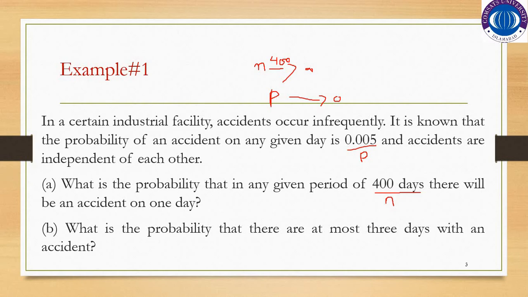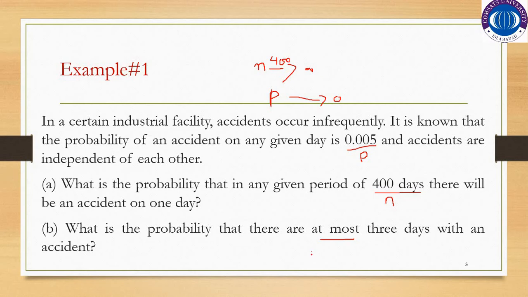Part number B. What is the probability that there are at most 3 days with an accident? We have already learned that at most means this is the maximum limit, and at least means minimum requirements. So here they have written at most 3 days with an accident.